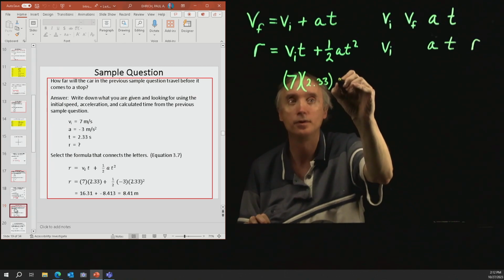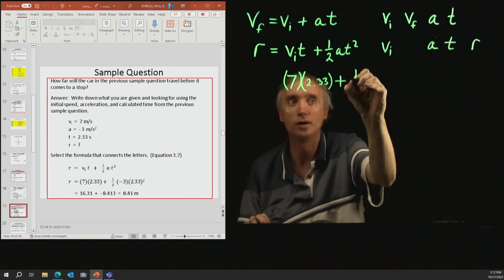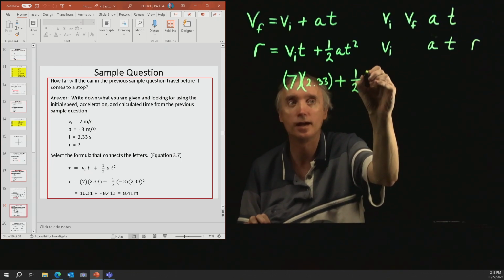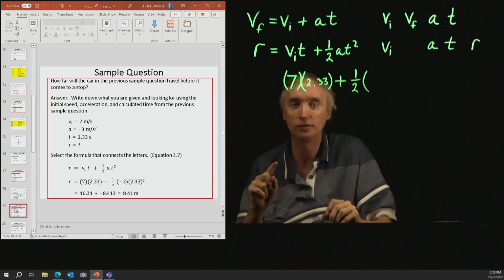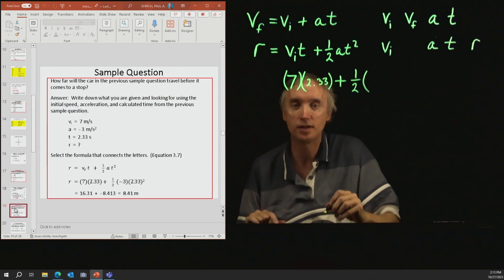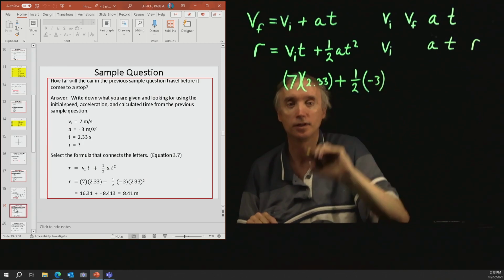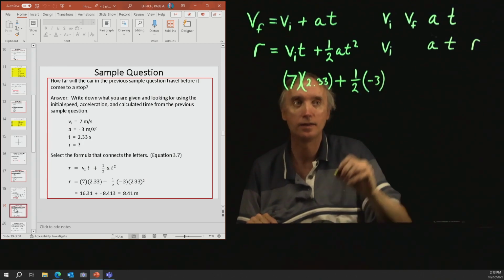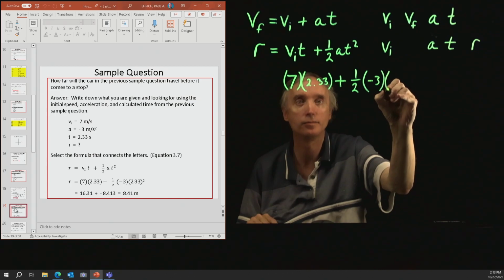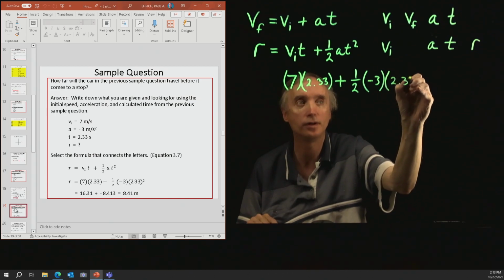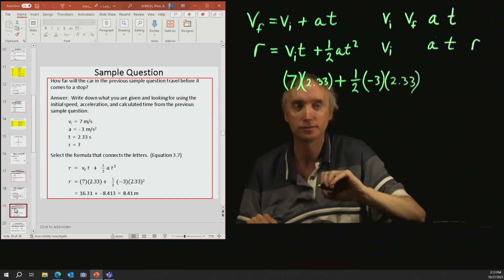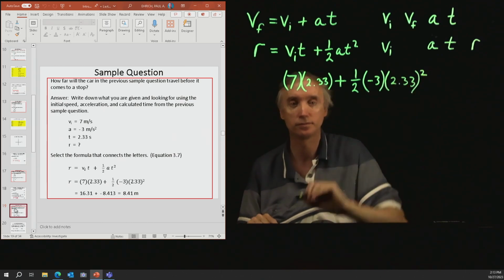Plus 1/2. Now the acceleration, be careful. Notice that the acceleration is negative. It's slowing down. And then we need to multiply that by 2.33, but we need to square it.